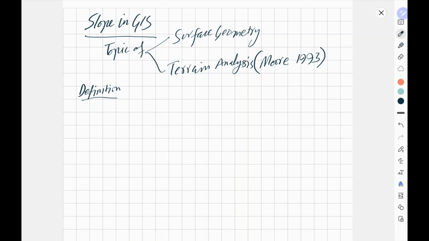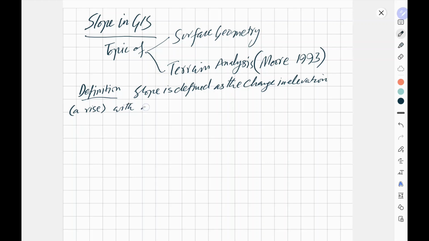Slope is defined as the change in elevation, also known as the rise, with a change in horizontal position.